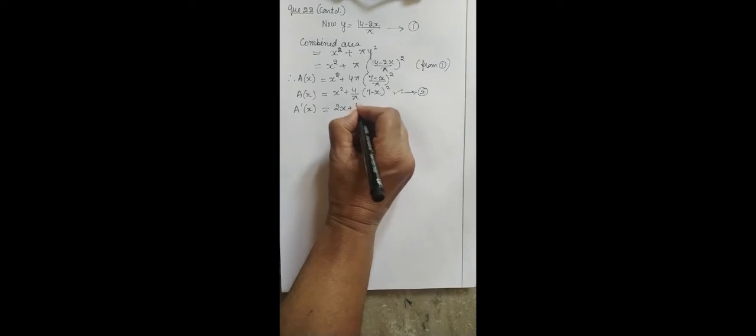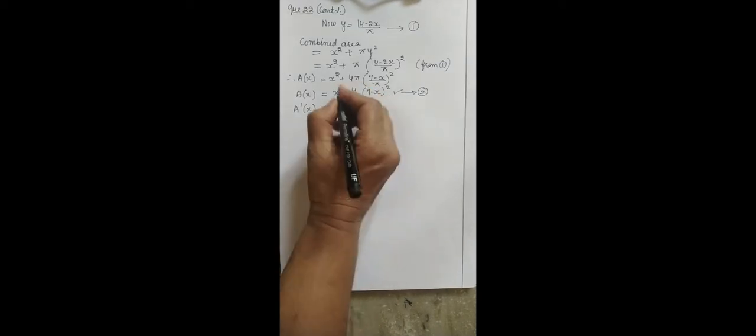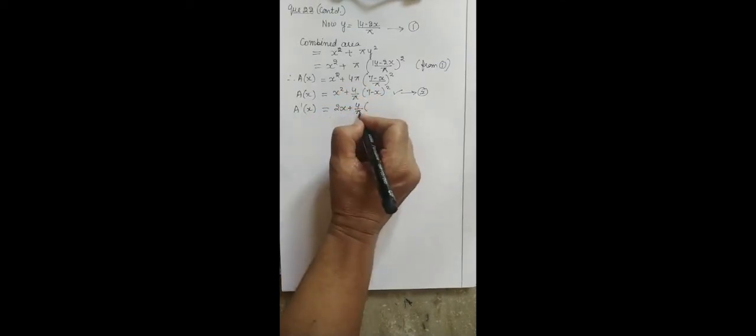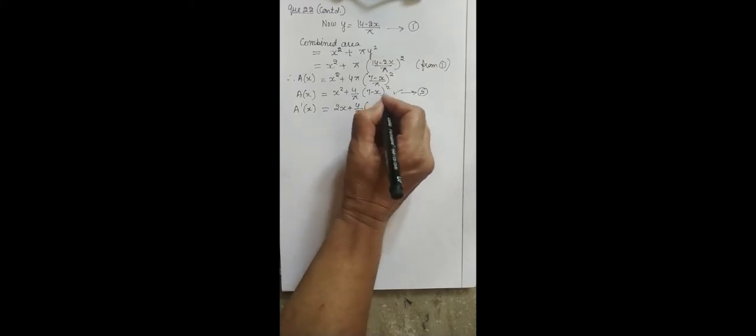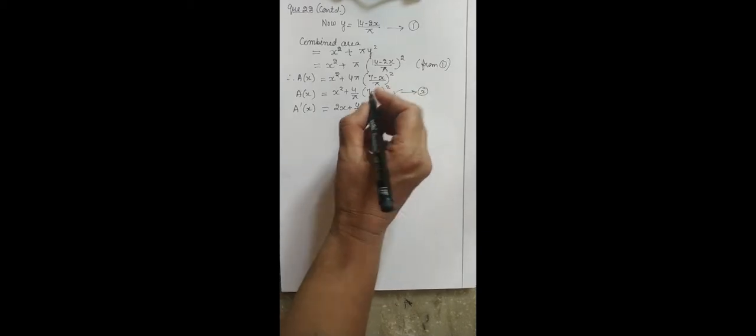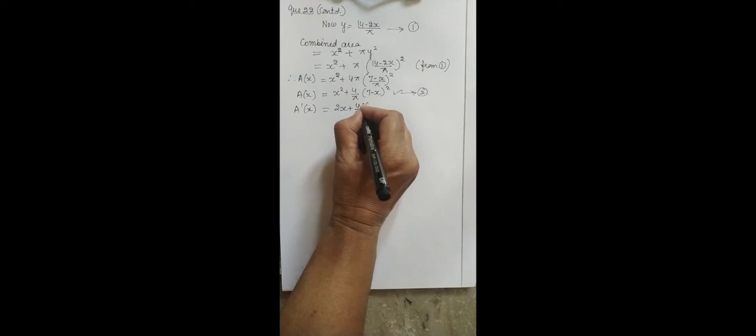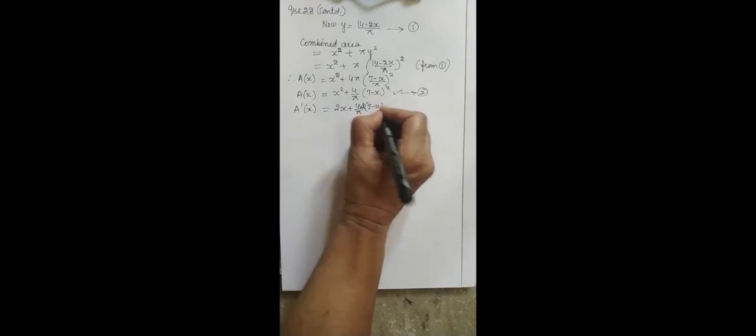Now I have to find its derivative because I have to find its extreme value. So differentiating, it will be 2x plus 4 upon pi. The derivative of x squared is 2x, and 4 upon pi is a constant. Now for (7 minus x) whole squared, its derivative will be 2 into (7 minus x), and by chain rule the derivative of 7 minus x is minus 1.